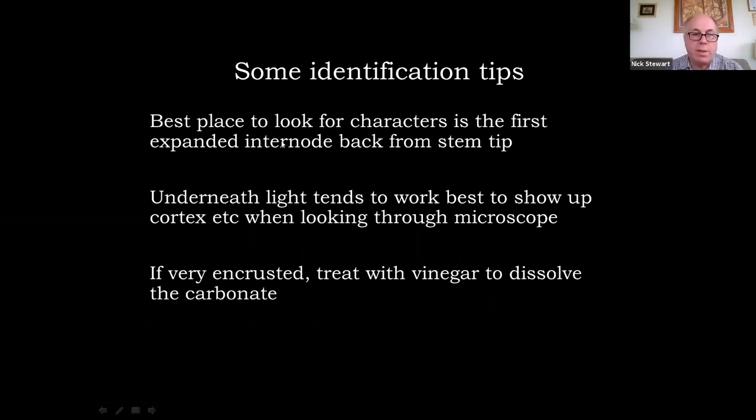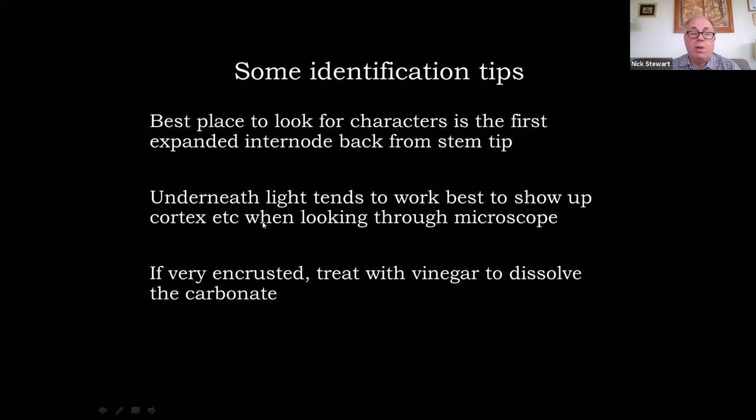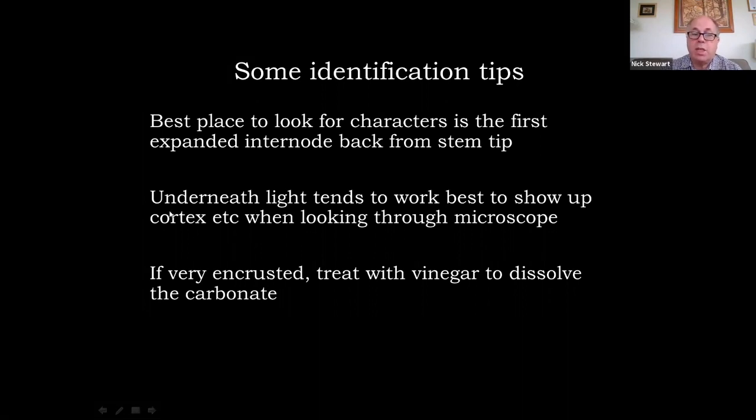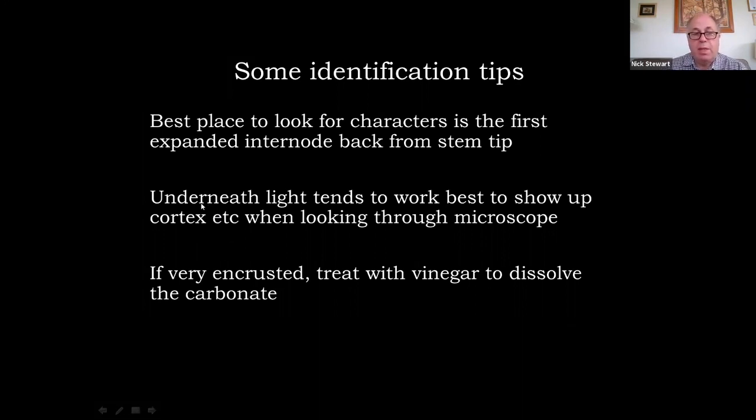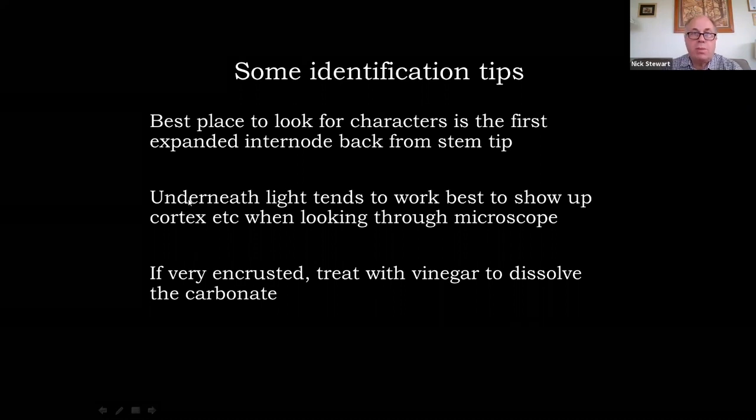I find that if you're looking under a viewing microscope, underneath light works best to show up cortex features. And even in the field, if you hold it up to the light, often you can see some of those smaller characters a bit better.